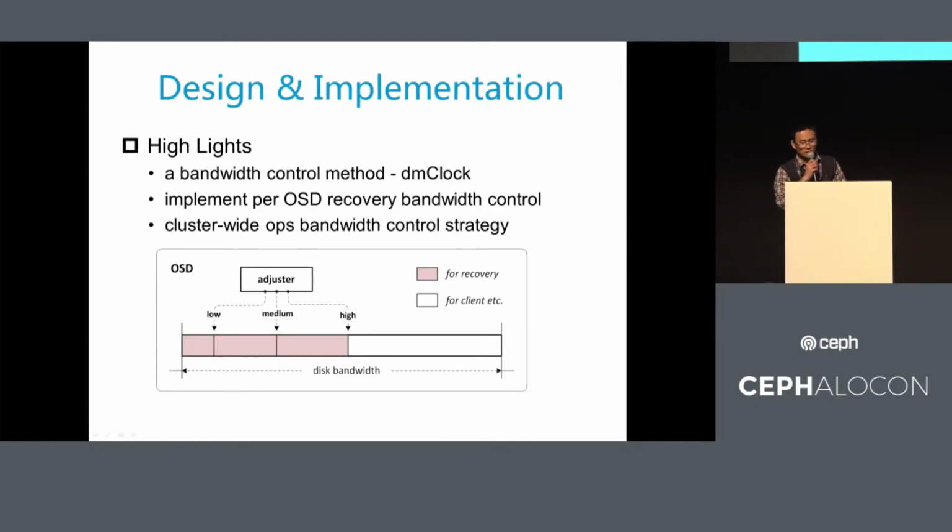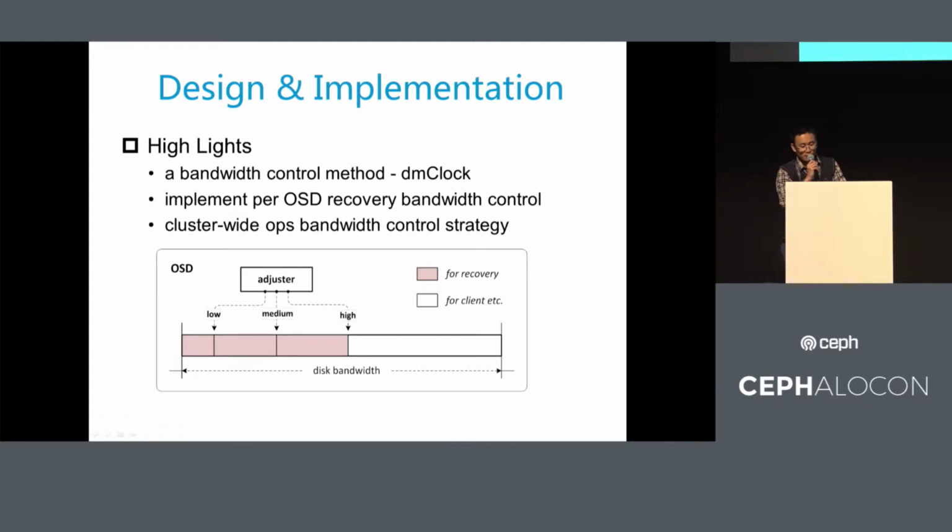The main idea is to control recovery bandwidth of the OSD, since the recovery OP is more aggressive. We limit the recovery bandwidth to 3 different levels: low, middle, and high. As the disk bandwidth is almost fixed, the rest of the bandwidth is available for client OPs.